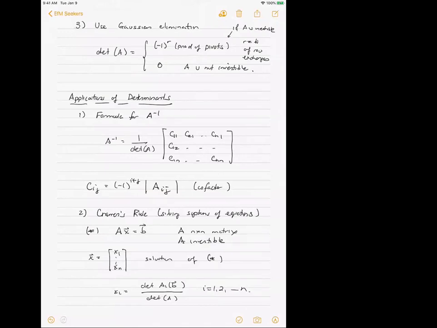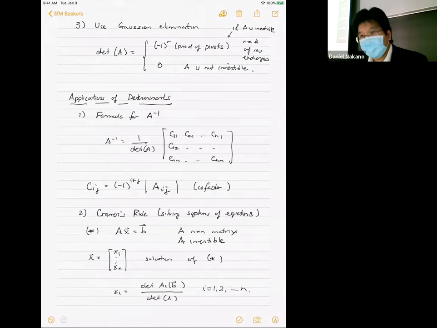So LDU remains the same, you just look at PA? Yeah, because after you do the row exchanges, you don't need any more row exchanges. So just pre-multiply A by the row exchanges you need, and then after that, you factor it in terms of LDU.